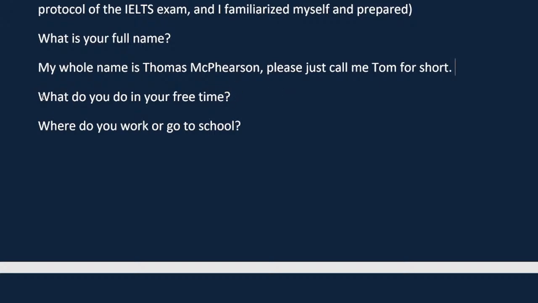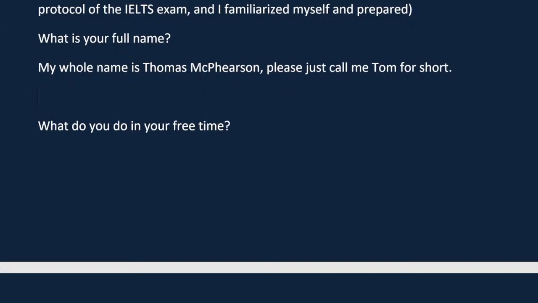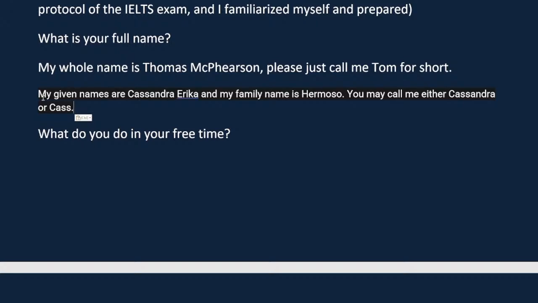Cassandra just did this. Clever, clever. The IELTS examiner will catch it. Cassandra put in "either" and "or." And a lot of people do have a variety of names that they are called, right?